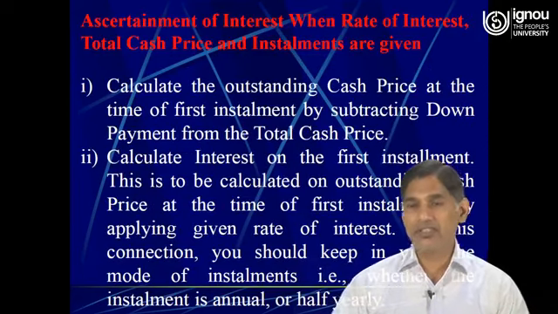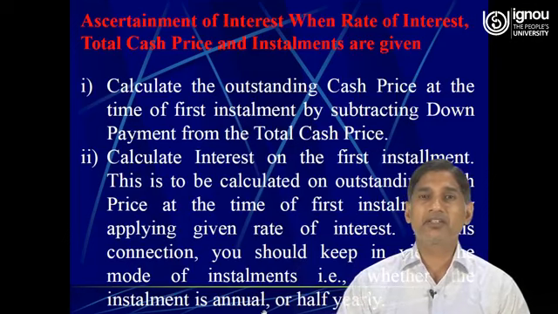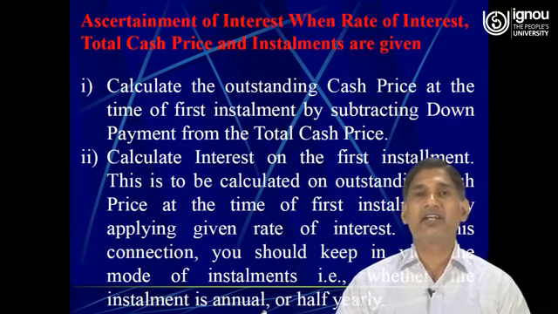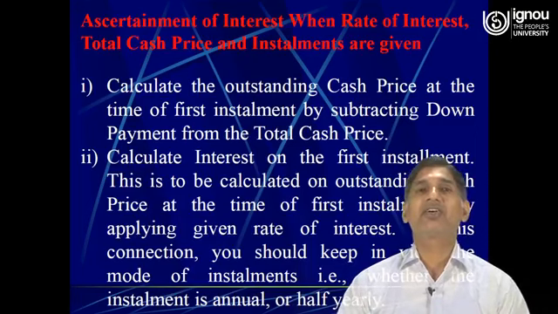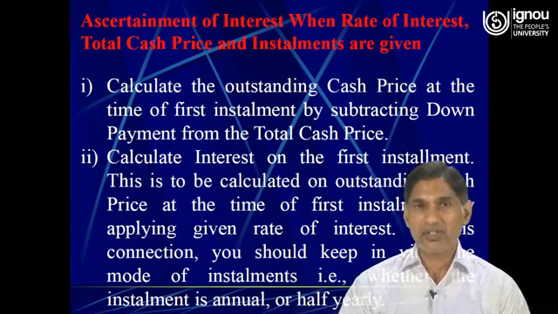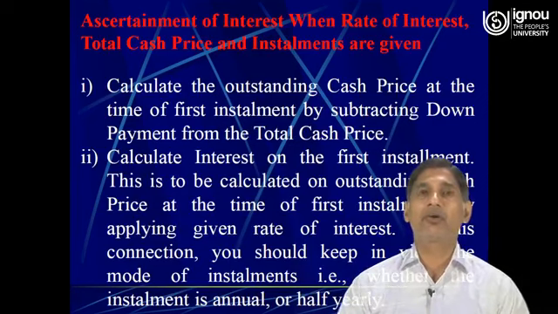Then the next one is ascertainment of interest when the rate of interest, total cash price and installments are given. So, how can we determine the amount of interest when the following things are given? The first is the rate of interest, the second is the total cash price, and the third is the number and amount of installments.